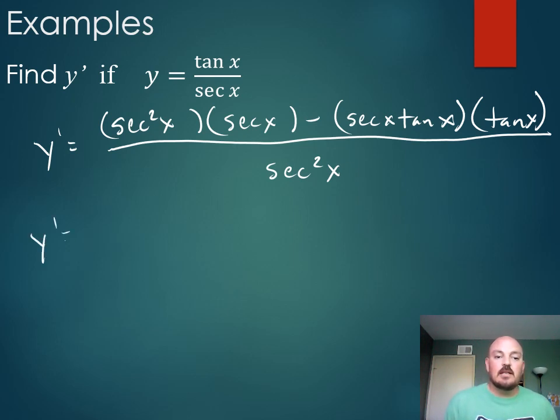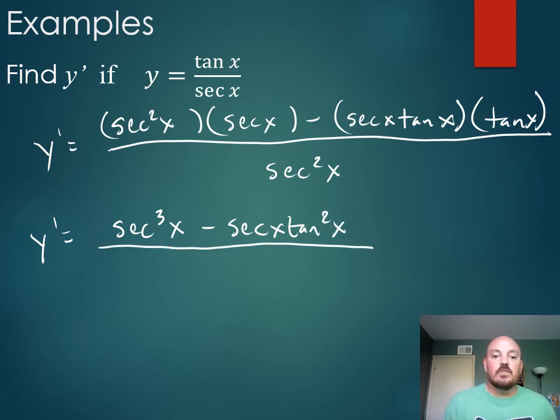So what we end up with is secant cubed x minus secant x times tangent squared x, and the whole thing is over secant squared x.